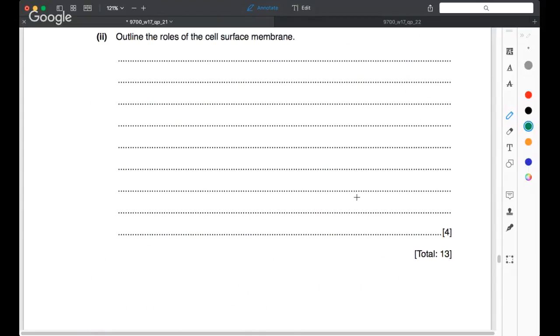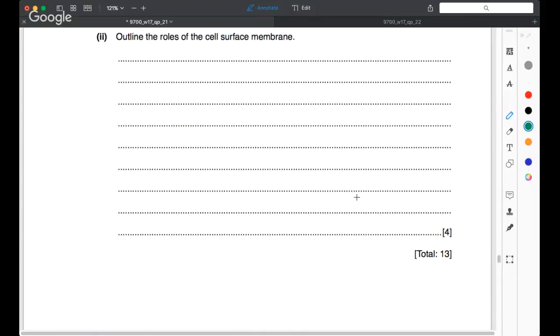So it contains a phospholipid bilayer, which helps the cell to control, to a certain degree, the hydrophilic molecules and ions that are exchanged in and out of the cell.